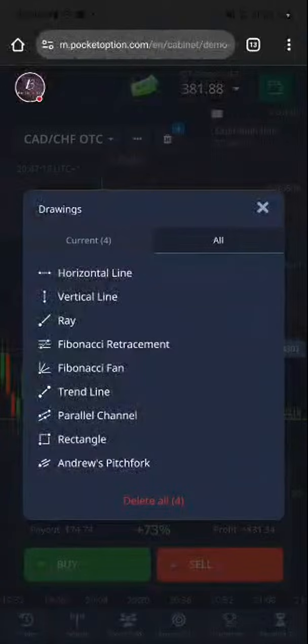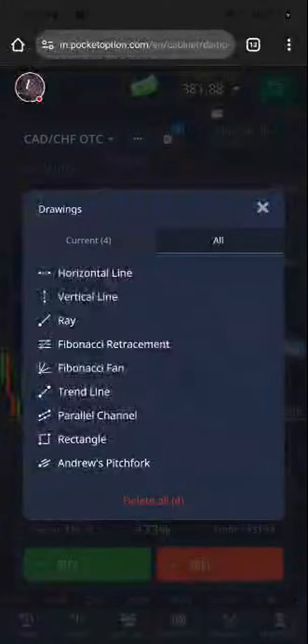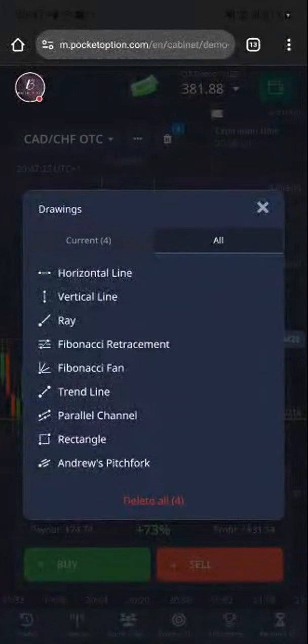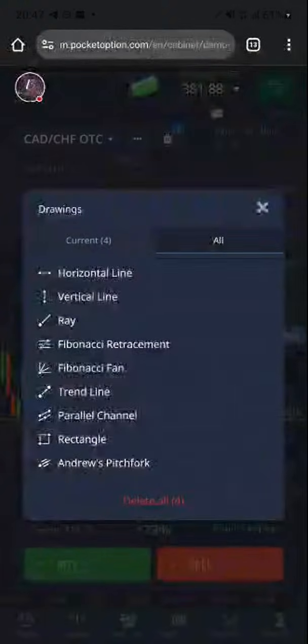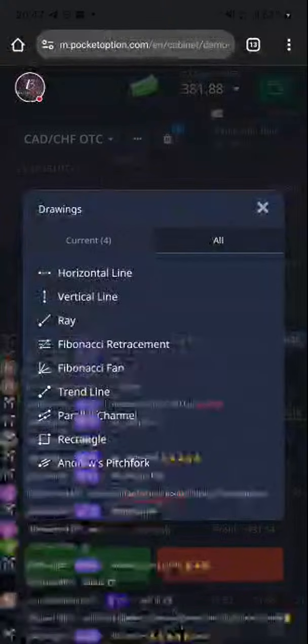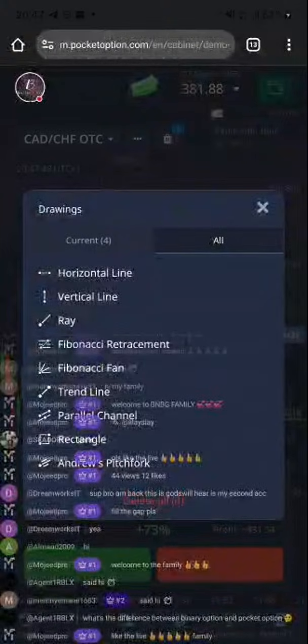Just like with futures trading, there are a lot of platforms that offer futures trading. We have forex trading too, and there are a lot of other platforms that offer forex trading, but forex trading is the umbrella name, just as binary option is the umbrella name. I hope you guys get it.